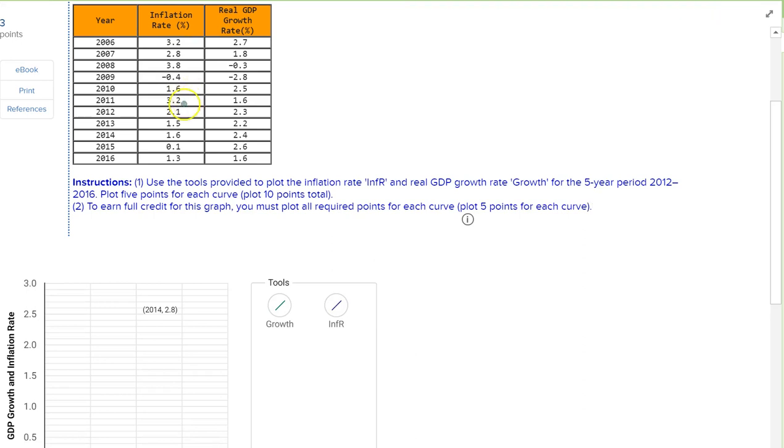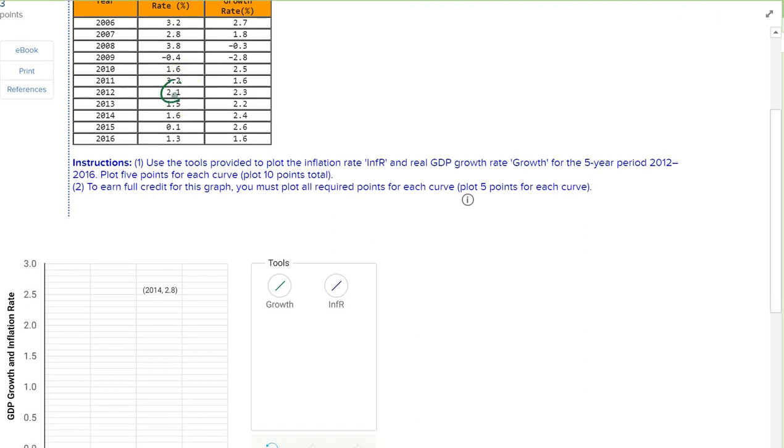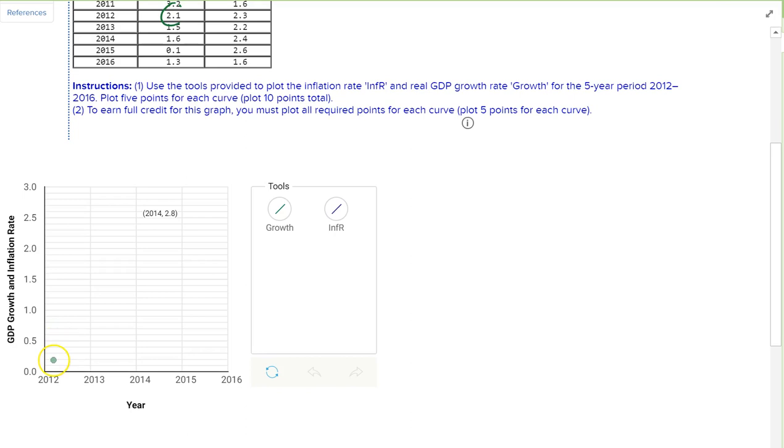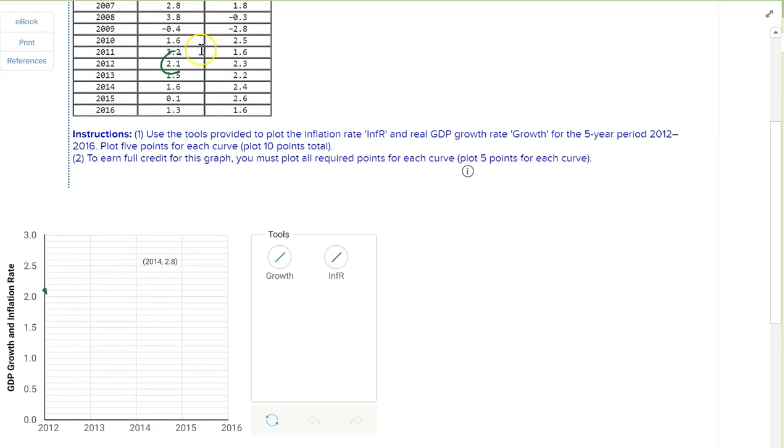Okay, so we'll start in 2012. The inflation rate is 2.1, and we'll just estimate 2.1 to be about there, and so on and so forth. And we'll plot those 5 points from 2012 to 2016. So you'll get a curve in one case that goes approximately, let's see. At 2013, it's 1.5.